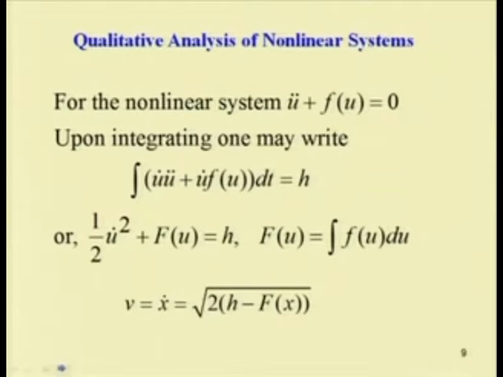So, let us see the qualitative analysis of this nonlinear system. Let us take a conservative system where I can write the equation in this form: u double dot plus f(u) equal to 0.